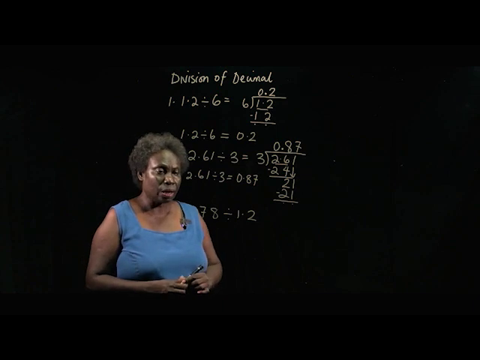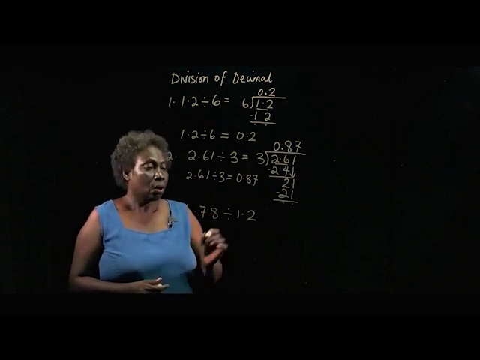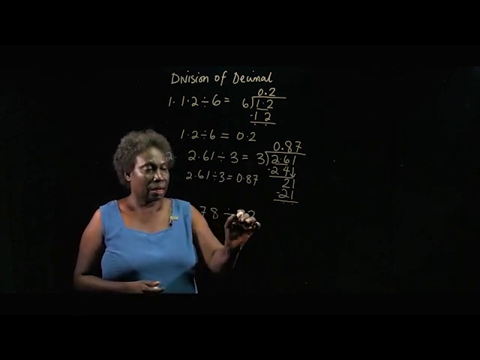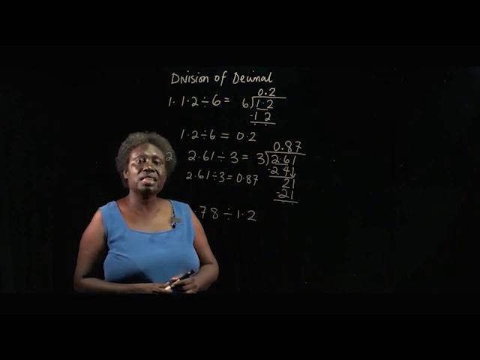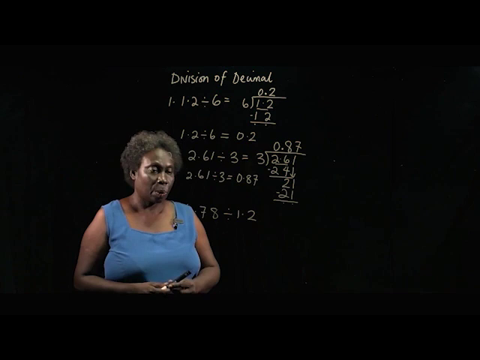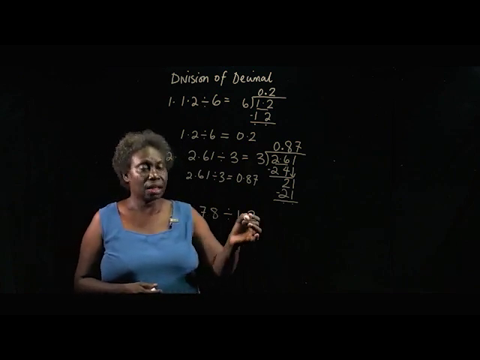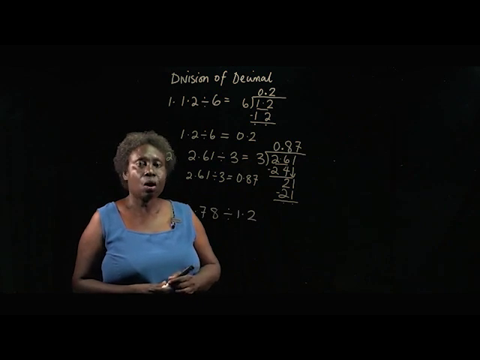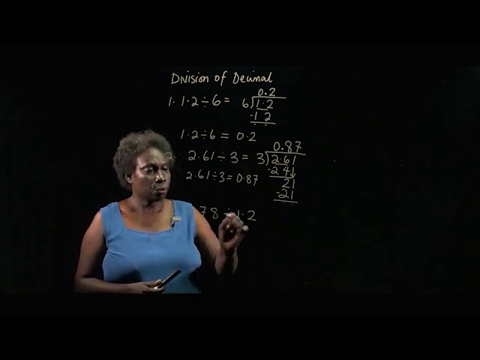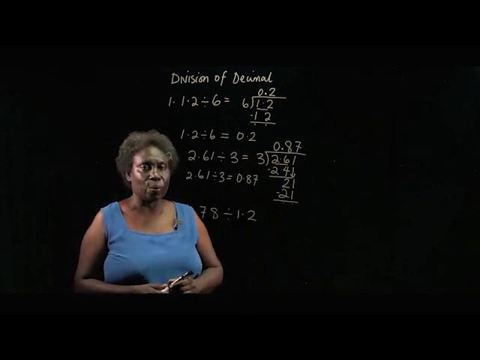Okay, in this example, we have a divisor which is a decimal number. What do we do when we are dividing decimal by a decimal? We first have to change the divisor to a whole number. But how do we change 1.2 to a whole number?